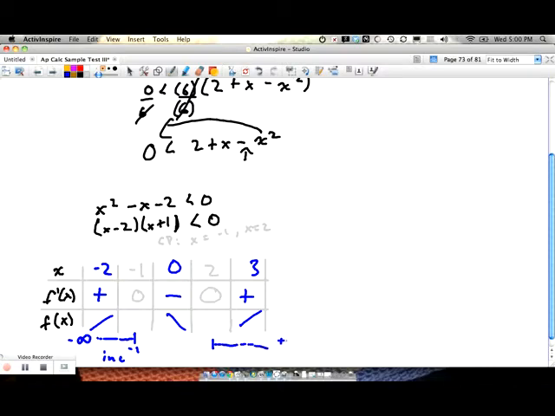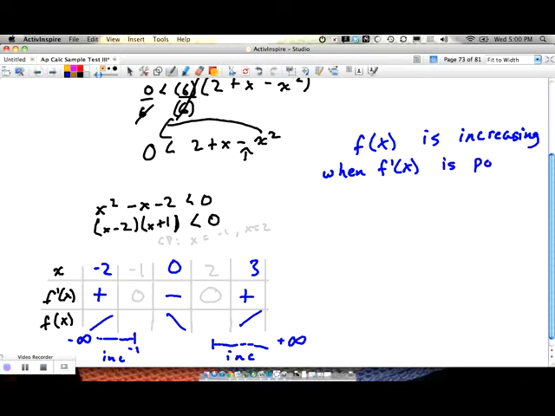So f of x is increasing when f prime of x is positive. So f of x is increasing on what intervals?